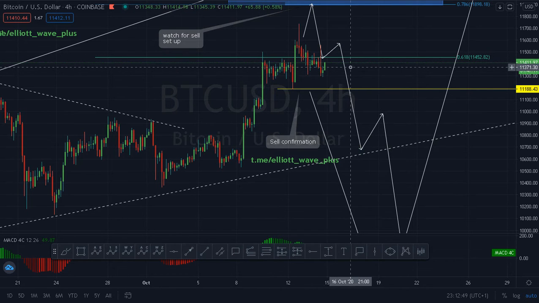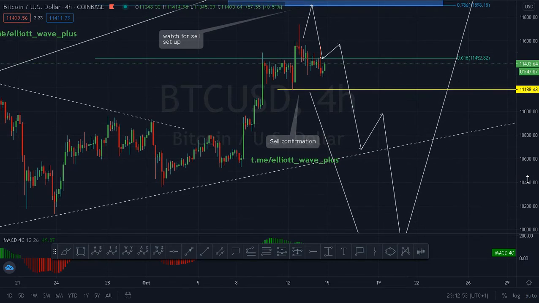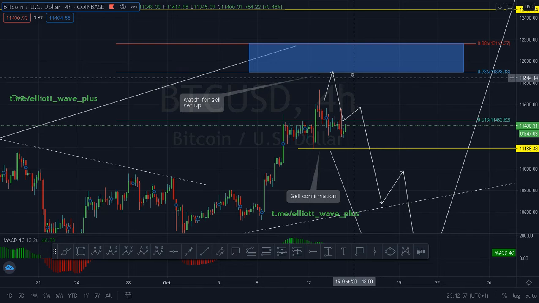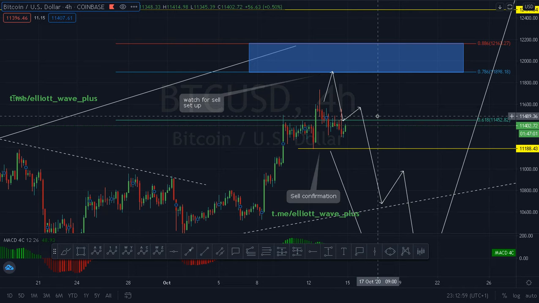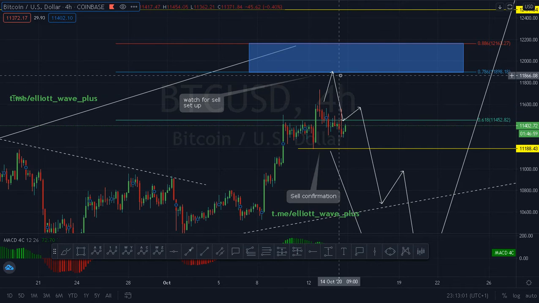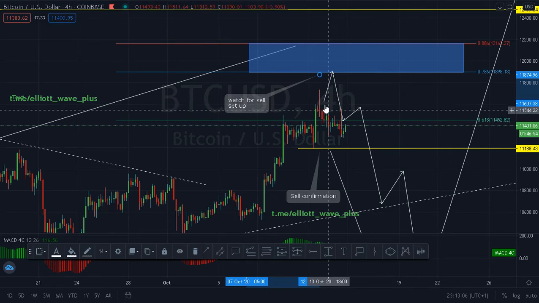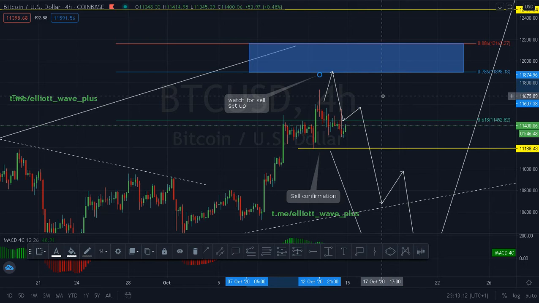I said that price might come up to this area before it goes down. You can see I said watch here for sale, but price did not come that much. It tried and ended somewhere here. So that's what we see of the forecast.